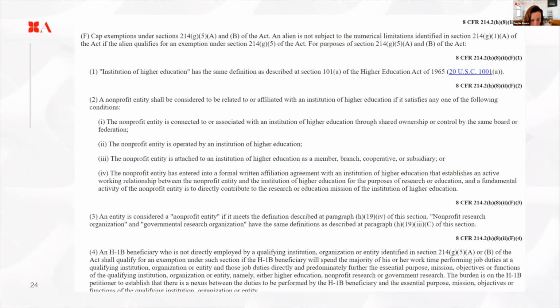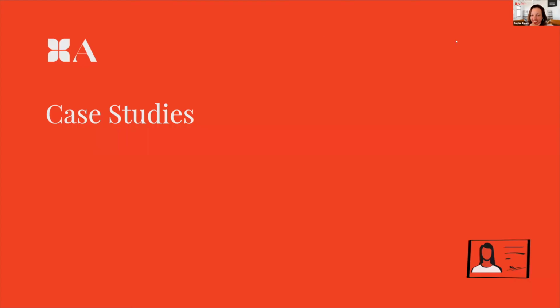And I also just want to briefly mention there are some variations, and this also exists for research nonprofits as well. So now I'm going to direct your attention to some case studies to show 3 different examples of how we have set this up for different clients in different situations. And we've done many of these, so these are just samples.